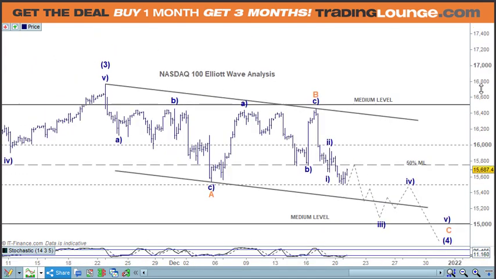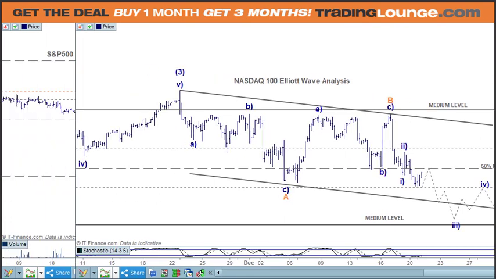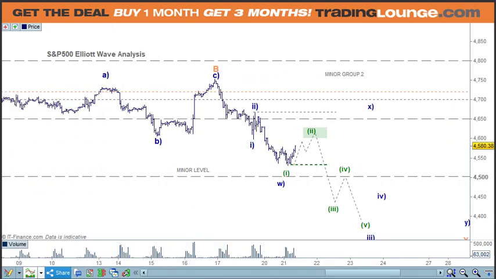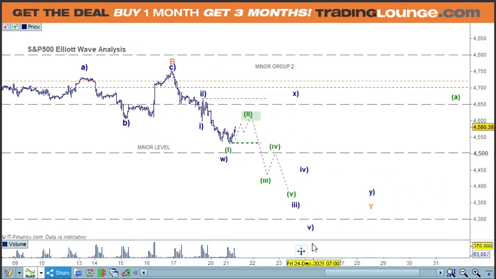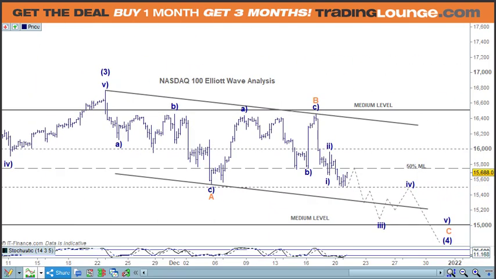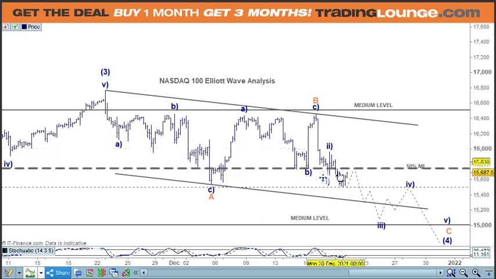Now, with the S&P 500, I made a mistake this morning when I talked about the US stocks. I had this as wave 3 here and wave 4 over here, and it was sort of okay, but I didn't really look at the NASDAQ. When I looked at the NASDAQ over here, I can see we've got wave 1 here and 2 here, and then that small move here.